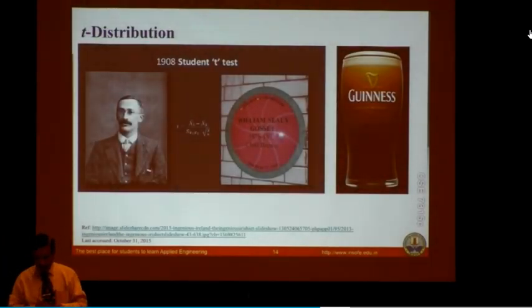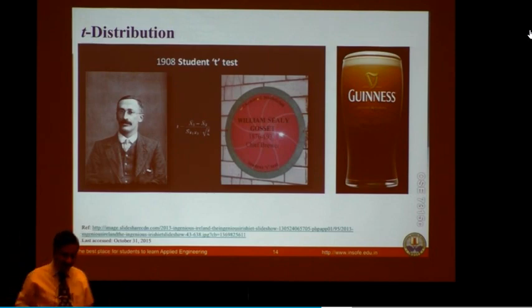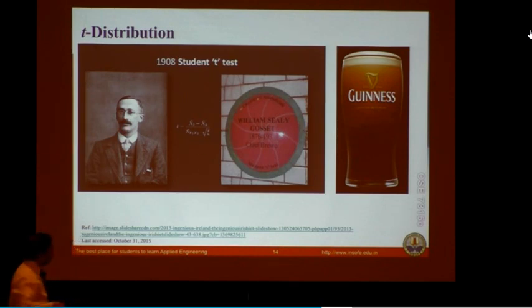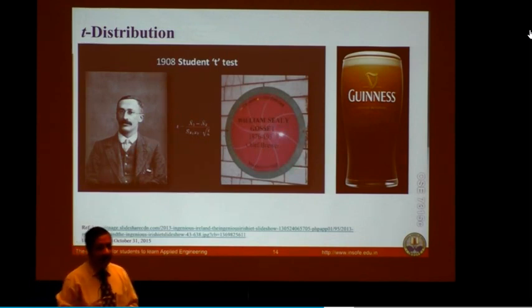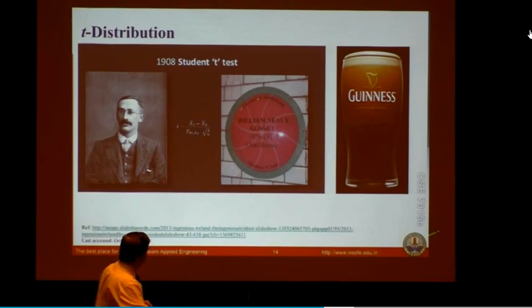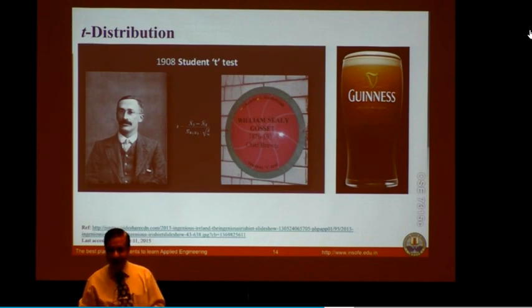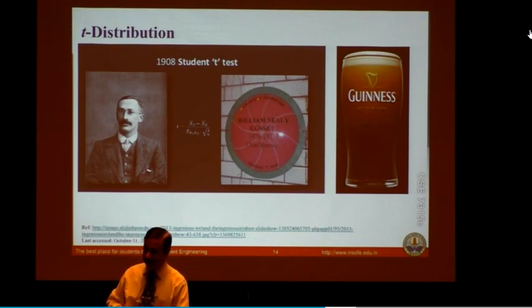The T distribution. All of them have this name, distribution, as part of it. This guy, William Gosset, was a statistician in the early 1900s, and he got a job with the Guinness Brewery in Ireland as a quality control specialist.